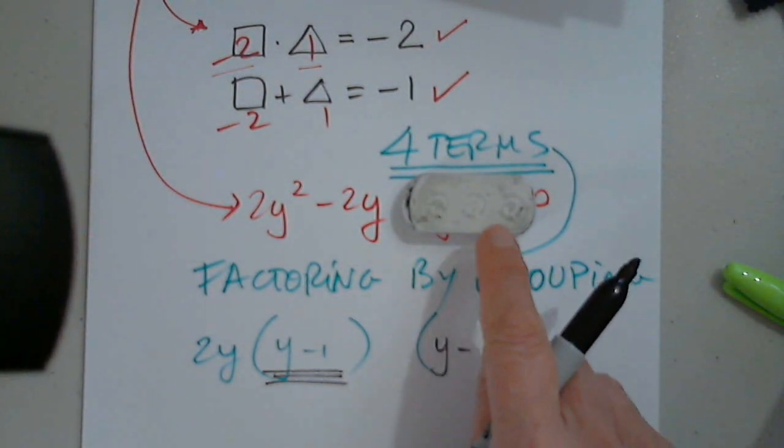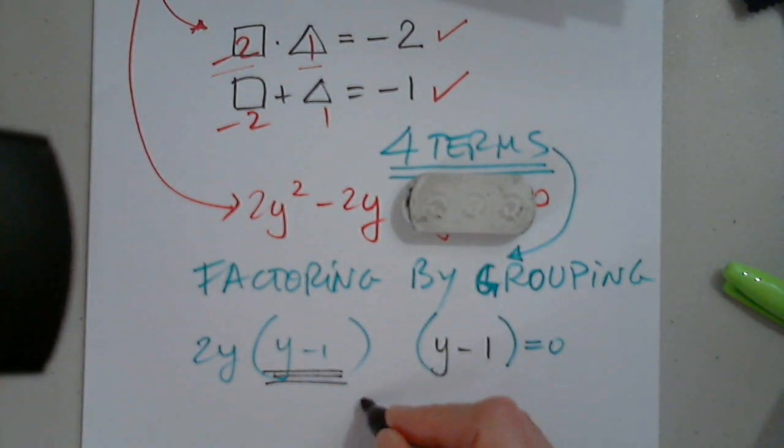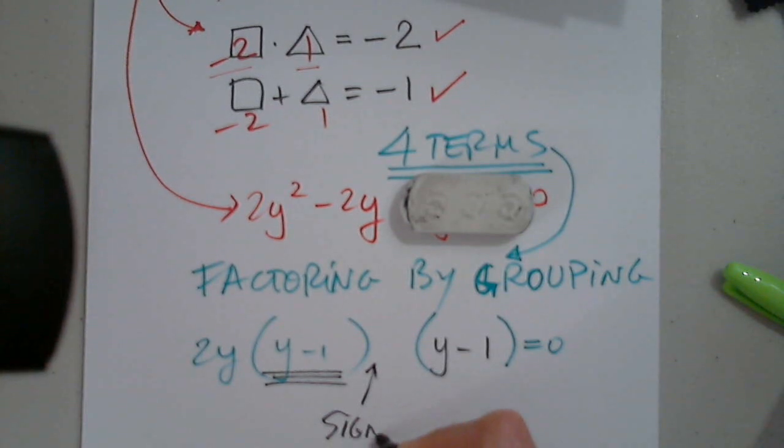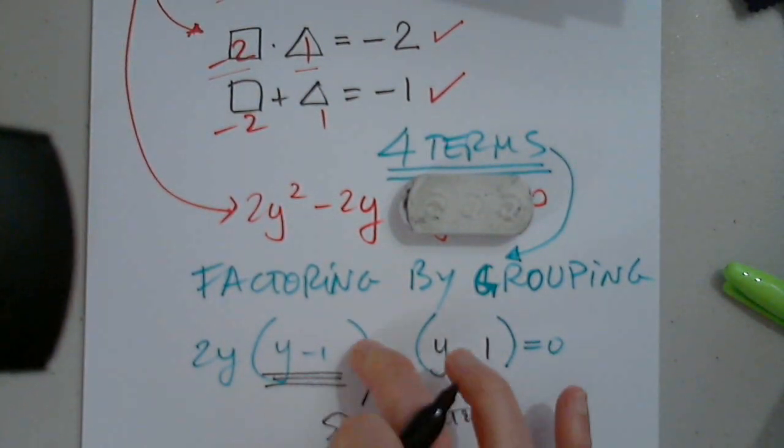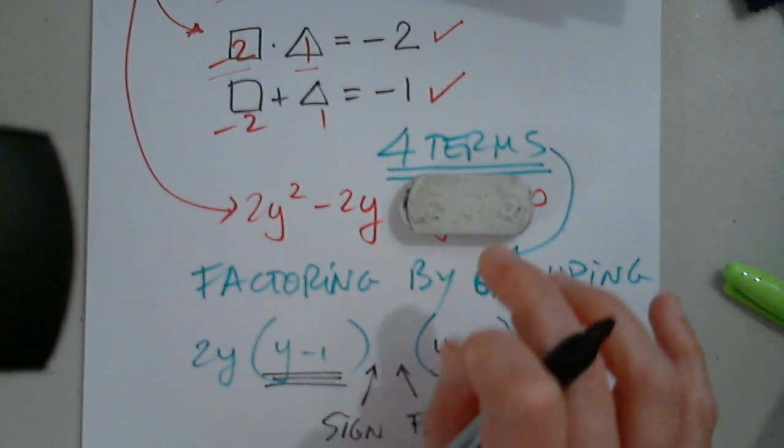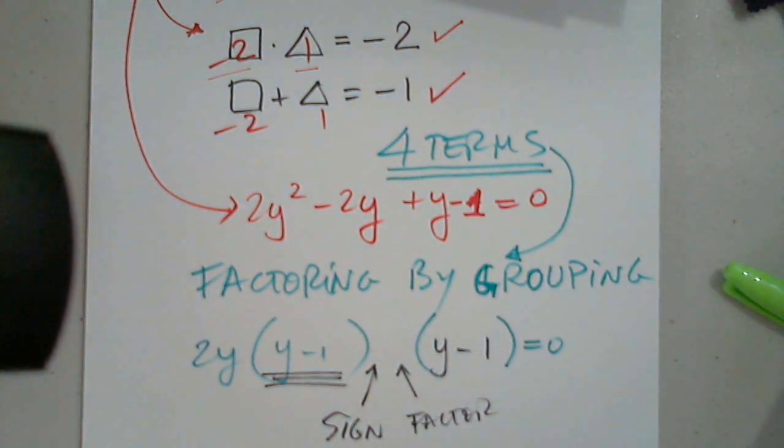Good. Now I will uncover this and find a sign and a factor. The sign must be there, the factor must be there. Can anyone give us the sign and the factor?